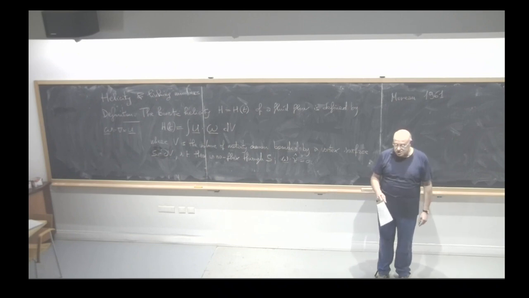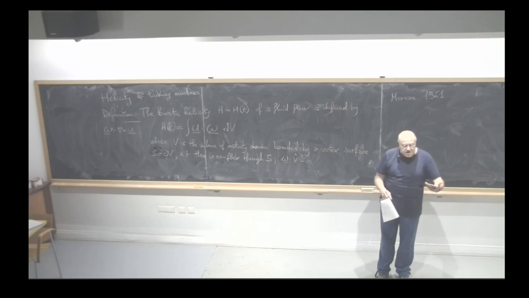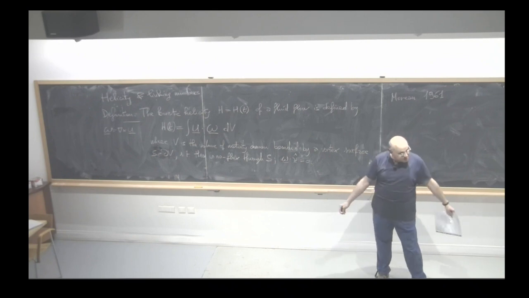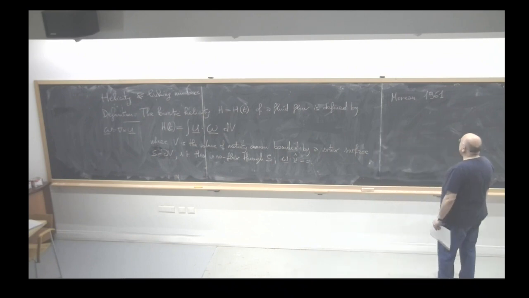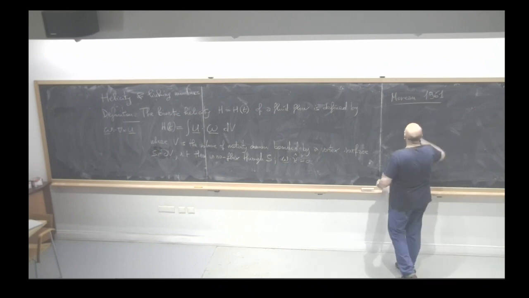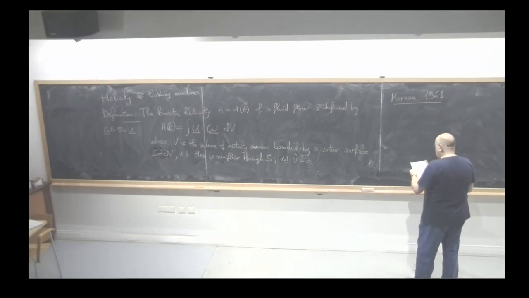That's the challenge, especially because we regard this one during this lecture in a different light. It will reveal a different, unexpected interpretation, and that gives us hope for possibly finding other conserved quantities. We never know. Okay, so this is the work of Moreau.